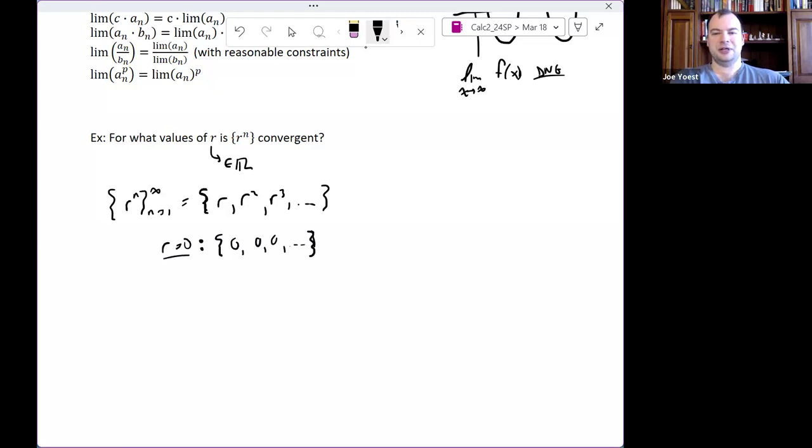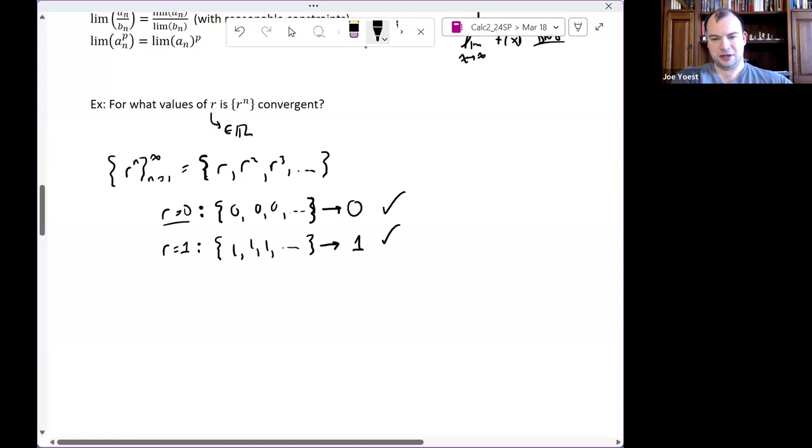So for the r equals 0 case, we get the sequence 0, 0, 0, etc. This, of course, converges to 0, a real number. It's convergent. Looks good. What about the r equals 1 case? 1, 1, 1, so on. This clearly converges to 1. That converges.